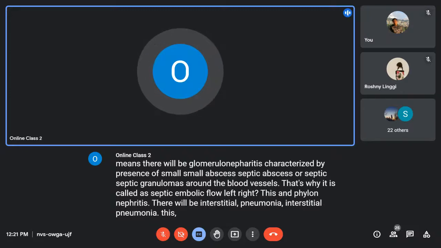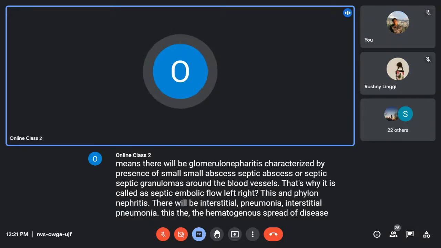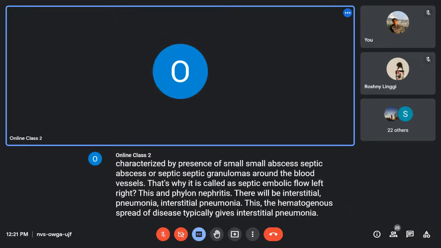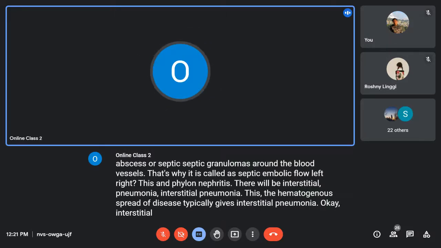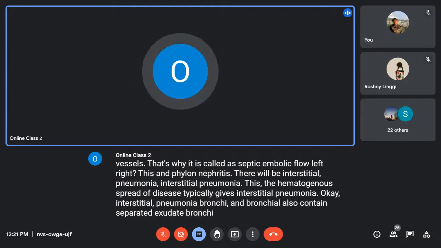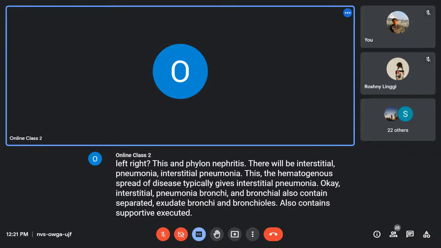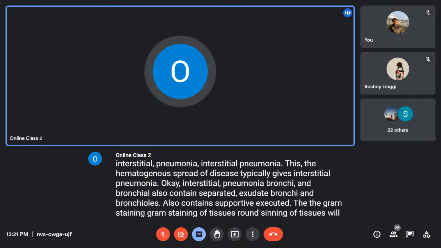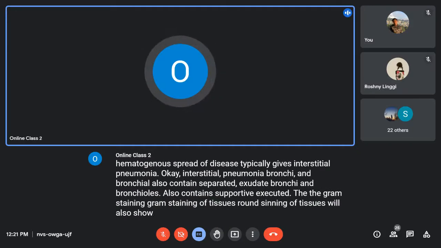The hematogenous spread of disease typically gives interstitial pneumonia. Bronchi and bronchioles also contain suppurative exudate. The gram staining of tissues will also show irregular branching arrays of gram-positive rods.